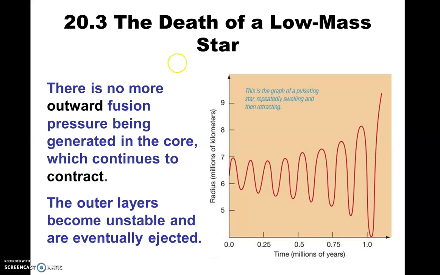All right. Let's see. The death of the low mass star. There's no more outward fusion pressure being generated in the core, which continues to contract. The outer layers become unstable, and eventually there's this ejection. So they're showing what's happening to the radius. It gets bigger and bigger and bigger as you can see, and this is over the course of less than 1 million years.